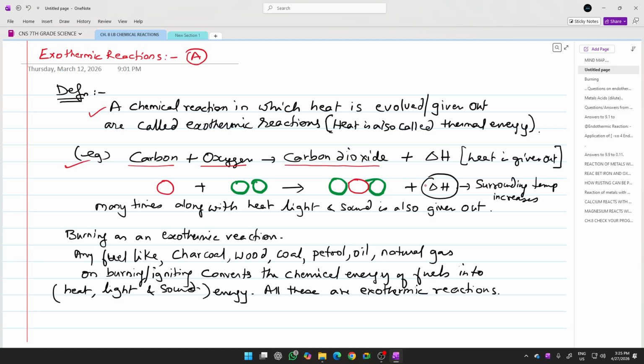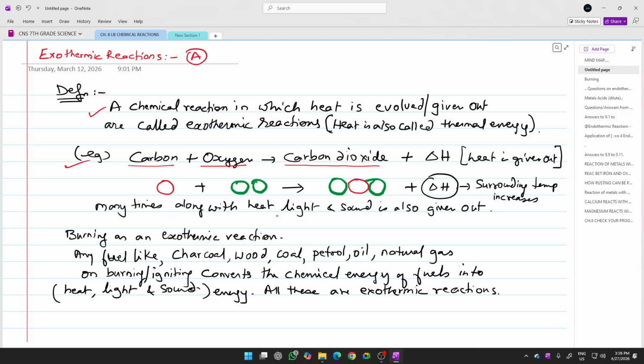Now when the heat is given out, where is that heat going to go? It is going to go to the surroundings, and the temperature of the surroundings will increase, because when heat enters the surroundings, the temperature is definitely going to increase. So this indicates that this particular chemical reaction is an exothermic reaction, because the definition of an exothermic reaction is a reaction in which heat is given out, and here you can clearly see that heat is given out to the surroundings.